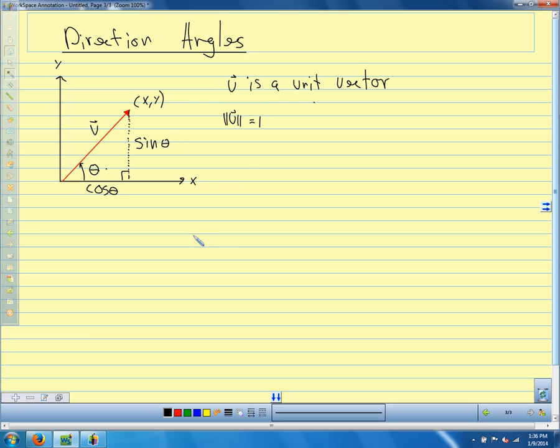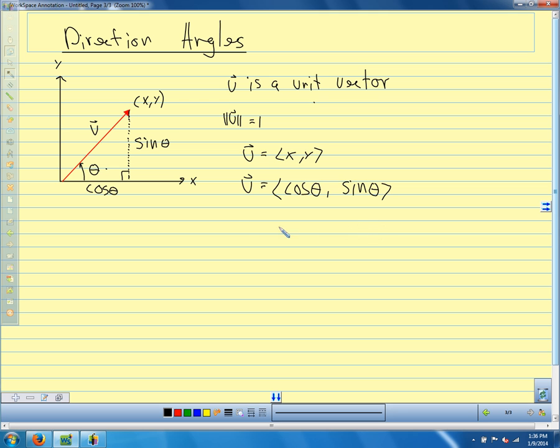So we can write in component form, we would say u equals xy, but we can also say the x component is cosine theta. We could say u equals cosine theta, sine theta.